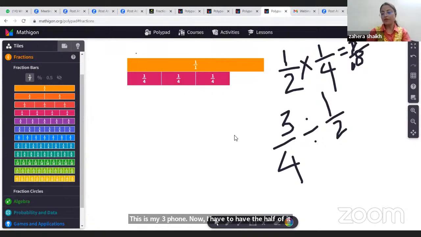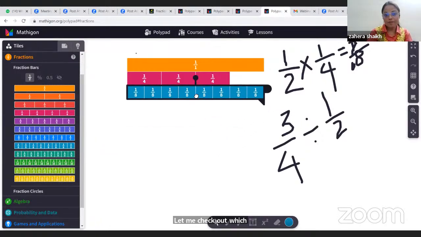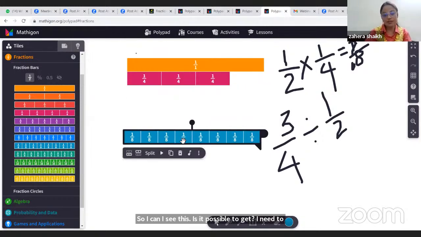This is my 3/4. Now I have to have the half of it, right? So how am I going to do that? Let me check which tile. Can I see this? Is it possible to get a half of it? No, it's not possible. So what am I going to do? Let me check another one, right?